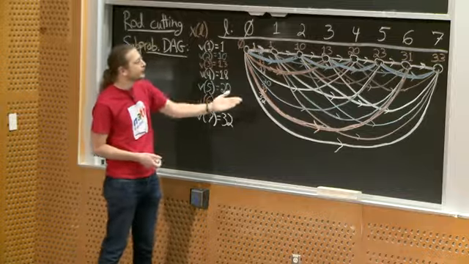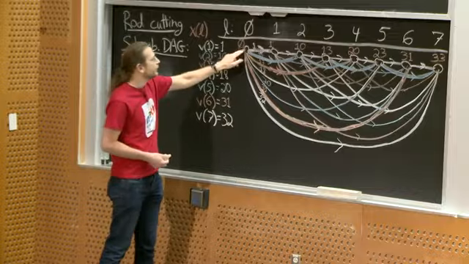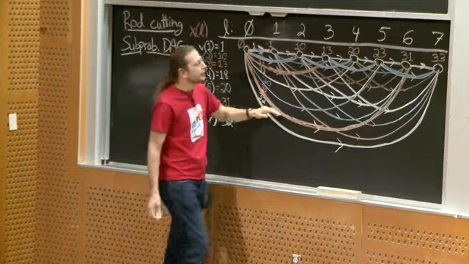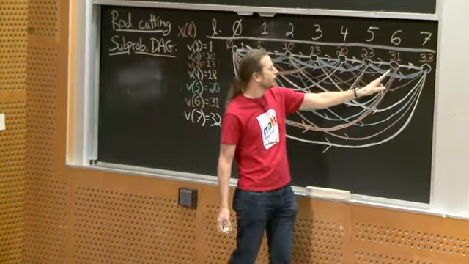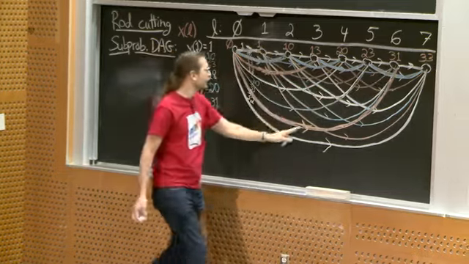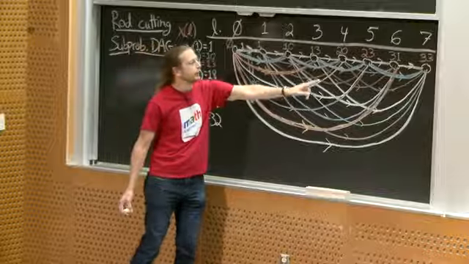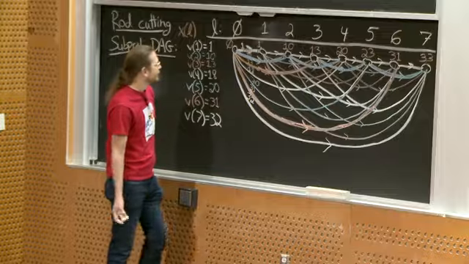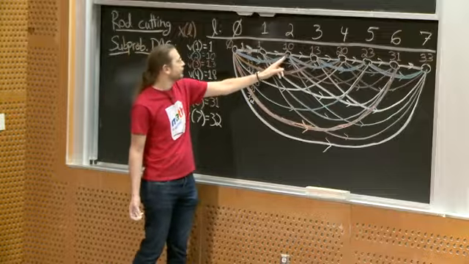But I've drawn here the shortest path tree from the base case. So it actually tells us that if we had a rod of length 7, the best thing to do is to sell it directly for 31. The bold lines here are the shortest path tree, or the longest path tree, I guess. And if we had something of length 10, we should sell it directly.